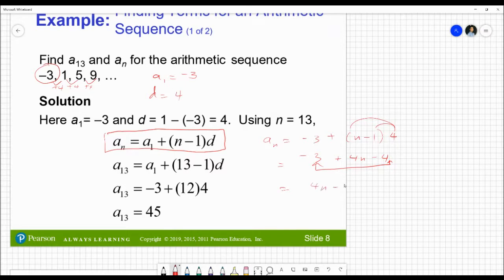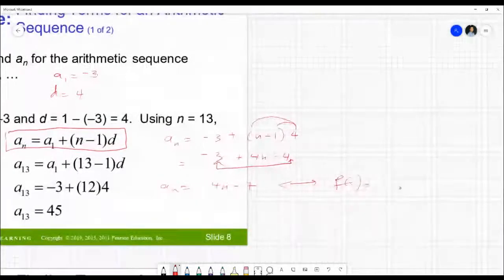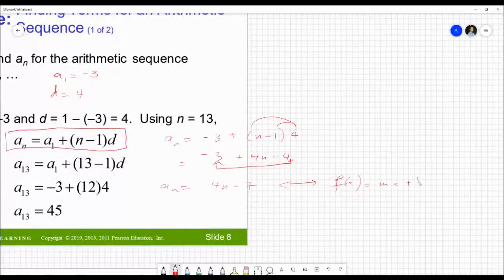That gives me 4n minus 7. So this looks very similar to the function f of x equals mx plus b. What I want you to see here is that an arithmetic sequence is nothing more than a linear function. Okay?